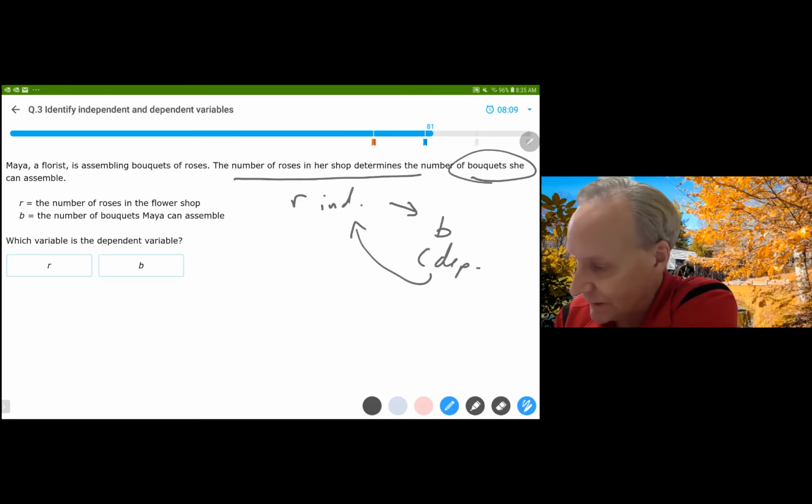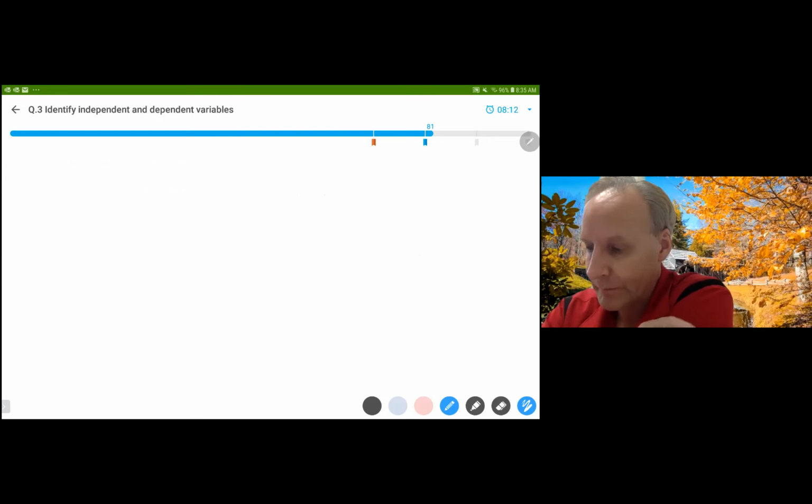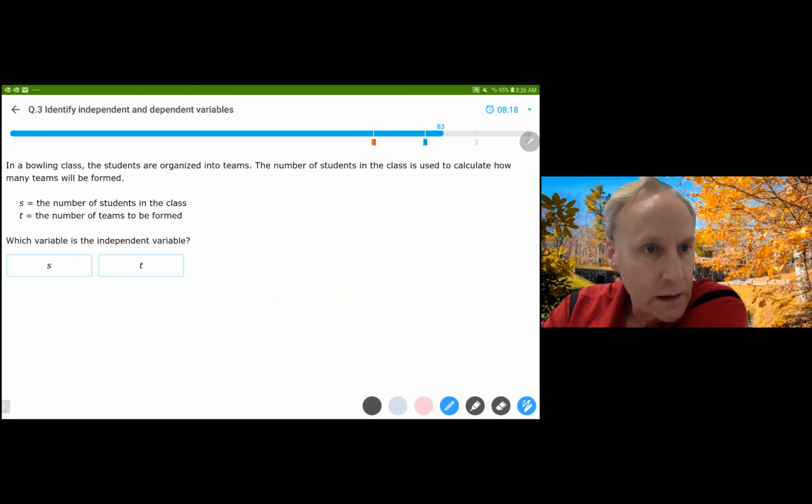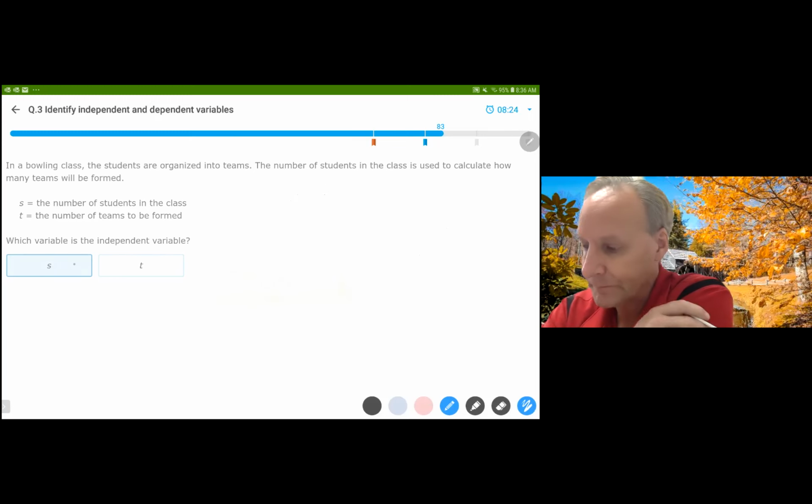The bouquets are the dependent variable. So in this case, the team is the independent, is the students.